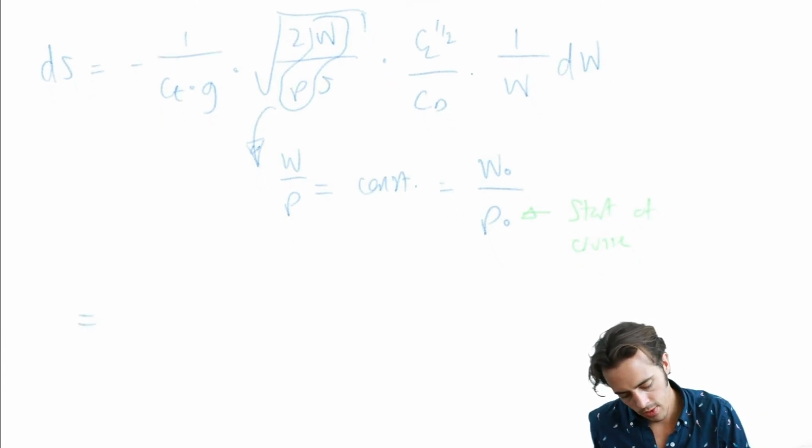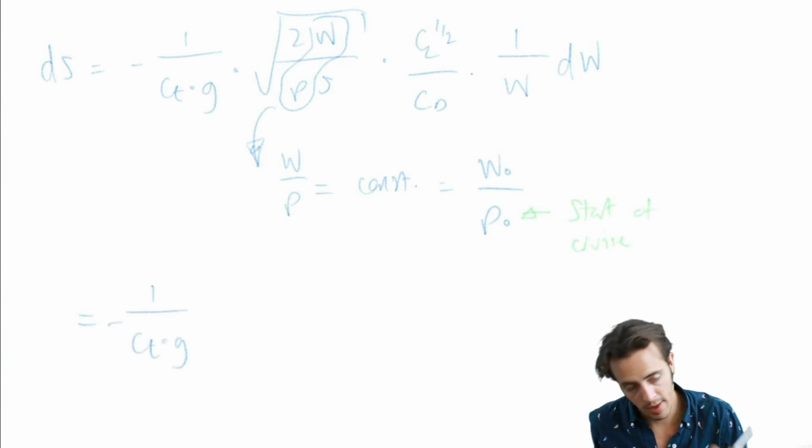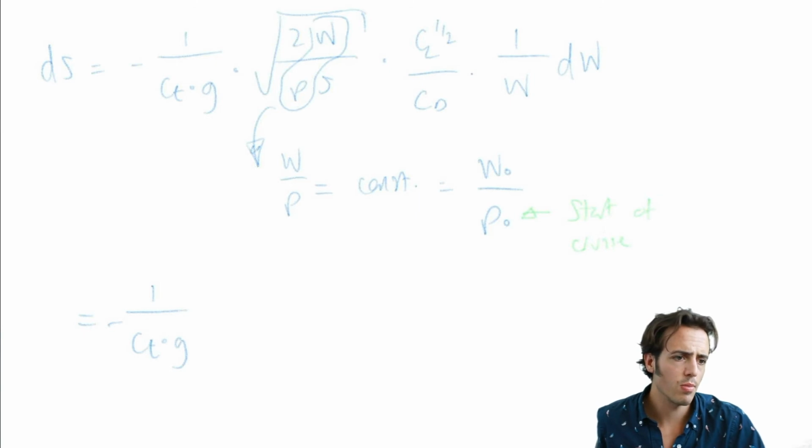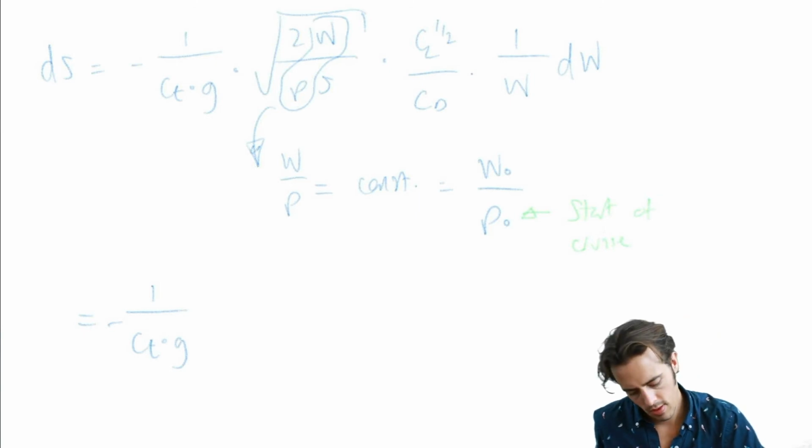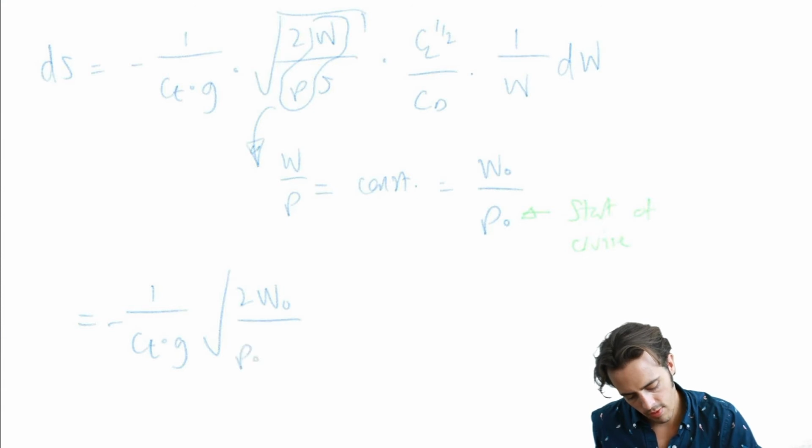So this is equal to minus 1 over CT multiplied by G, and we keep all of these terms in our expression now. So we've got the square root of 2 W naught divided by rho naught S, CL to the half on CD.